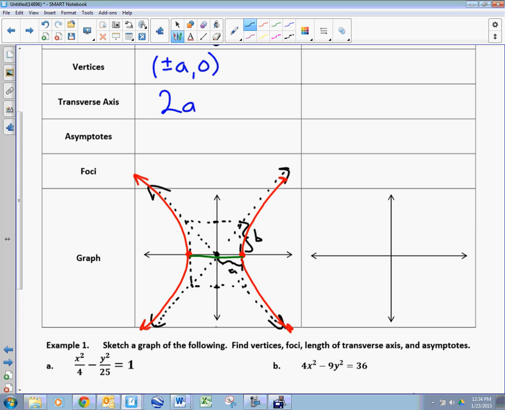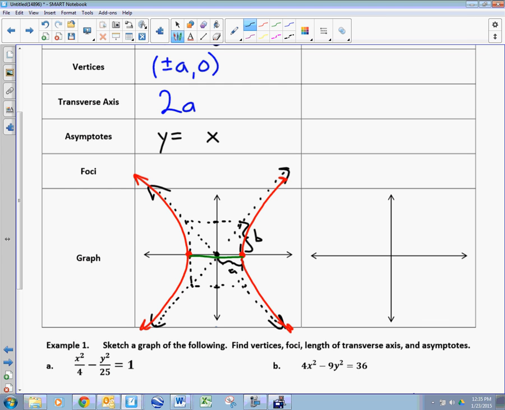The asymptotes are actual lines, and a line has an equation of y equals mx plus b. For y equals mx plus b, what does b represent? The y-intercept. What's the y-intercept? 0. So we don't need to write anything for b. All we need is the m part, the slope.